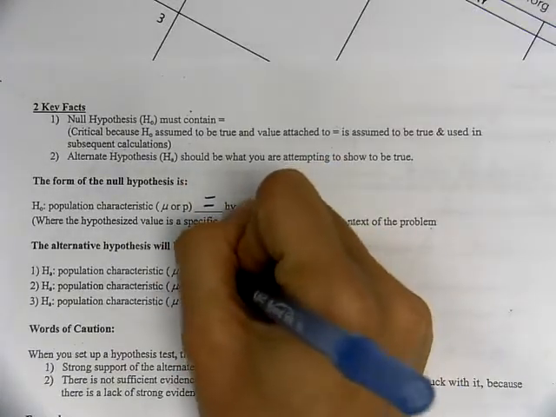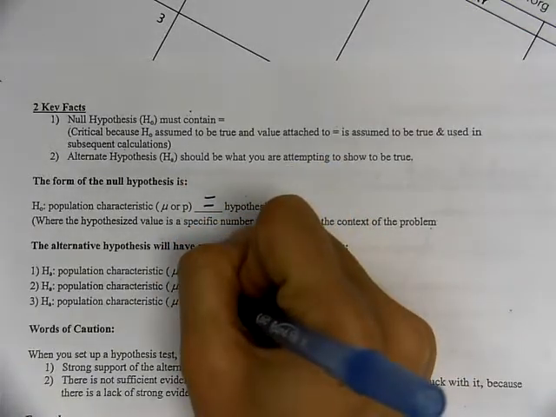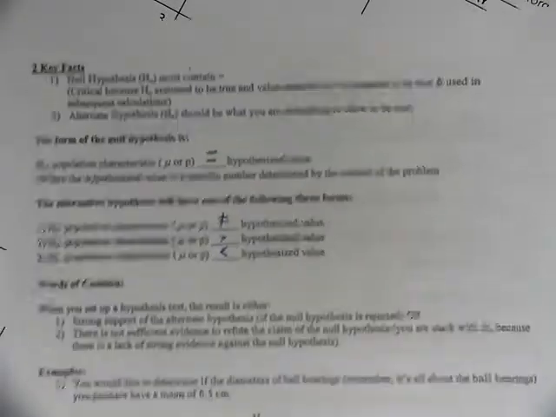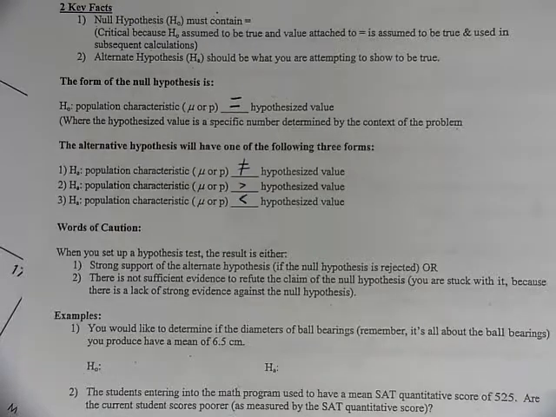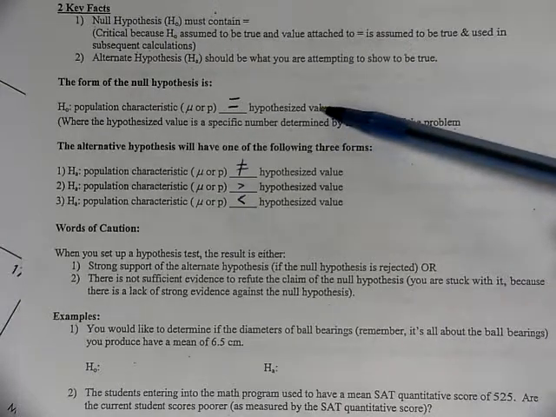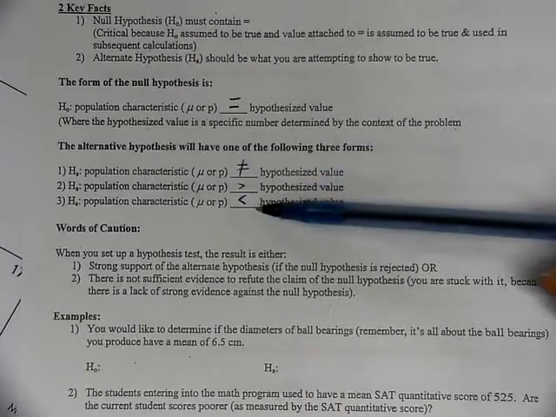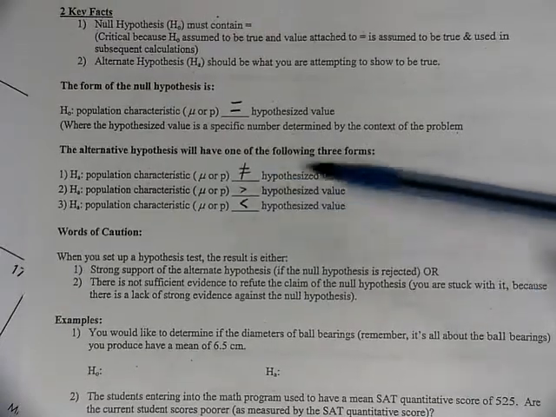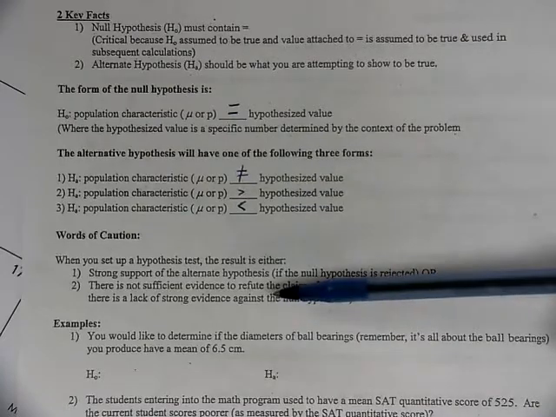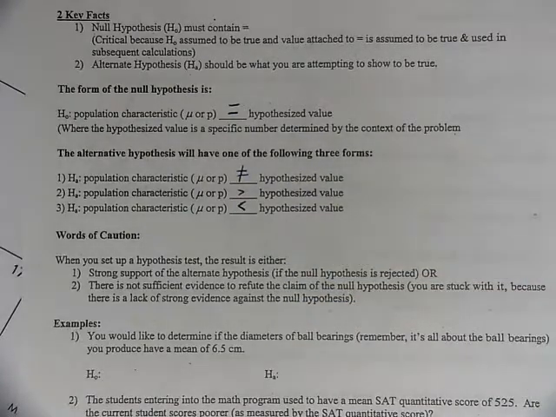You can either have not equal, less than, or greater than. I said them and I wrote them the opposite. So either not equal to, greater than, or less than. We don't do greater than or equal to or less than or equal to because you're assuming it's equal to begin with. So you have 1 thing for the null, 3 for the alternate. This is always given in the context of the problem. The problem will tell you which one of these you're using. So you don't have to ever really figure it out.